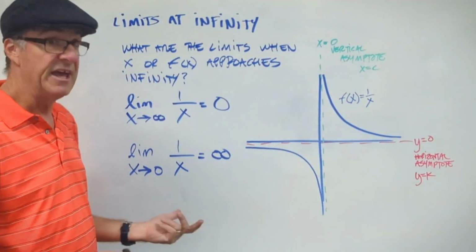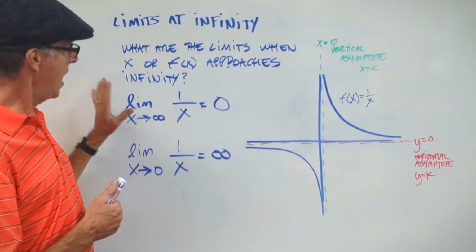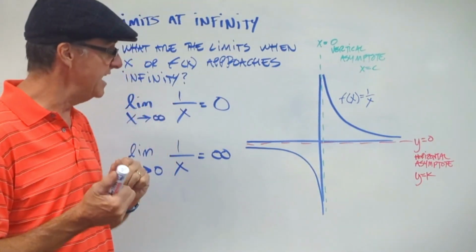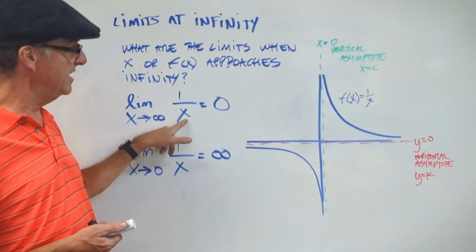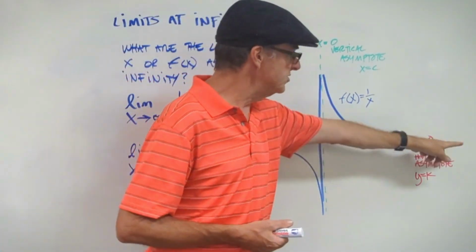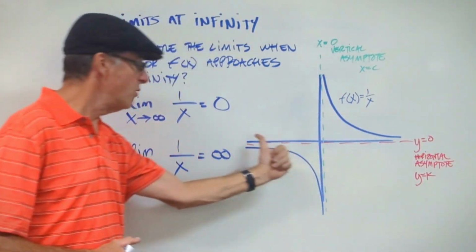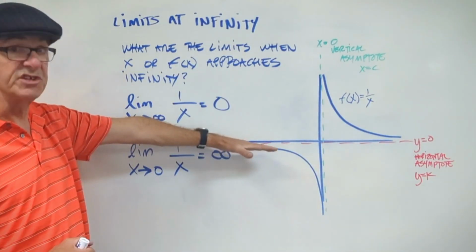So that's okay. Now this fits with our definition of a limit because it approaches the same value from both sides. So if we're approaching infinity from the positive side, we're going out this way, y is approaching 0. If we're approaching infinity from the negative side, that's getting more and more and more negative, y again is approaching the same value, it's approaching 0.